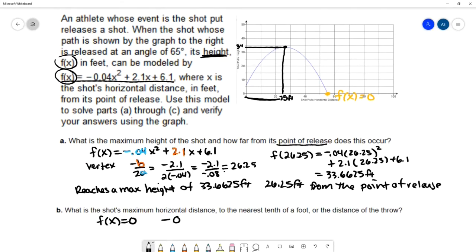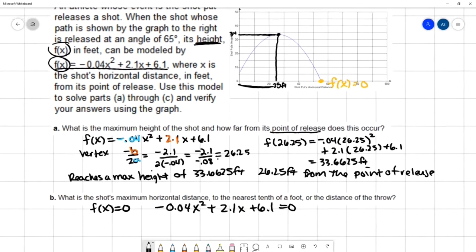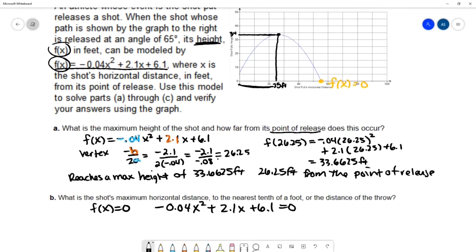That's negative 0.04x squared plus 2.1x plus 6.1 equal to 0. I am going to use the quadratic formula on this, but it can be a little bit challenging with these decimal values.